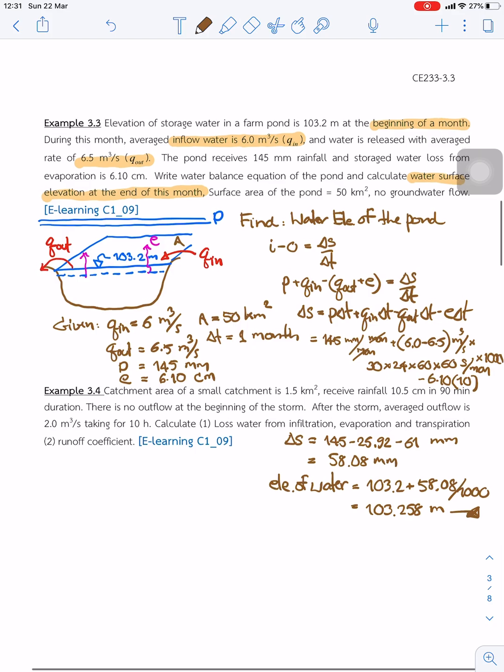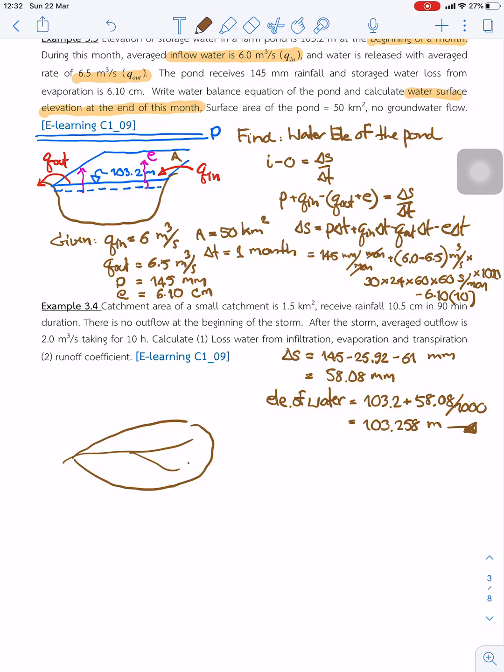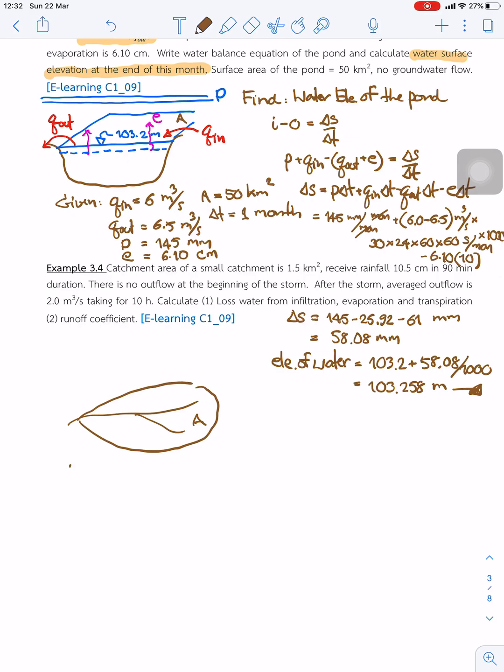Okay, the last problem. The catchment area of the small catchment is 1.5 square kilometer. It receives rainfall of 10.5 centimeter in 60 minutes.